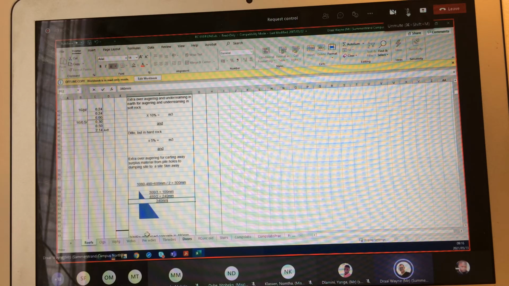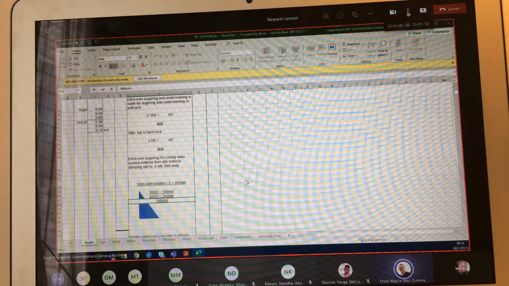Now that radius of 340 millimeters that I'm referring to would be there all the way around my partial frustum of a cone.